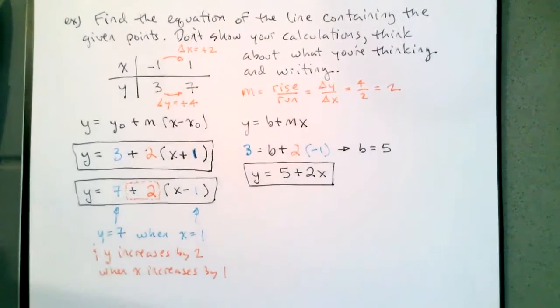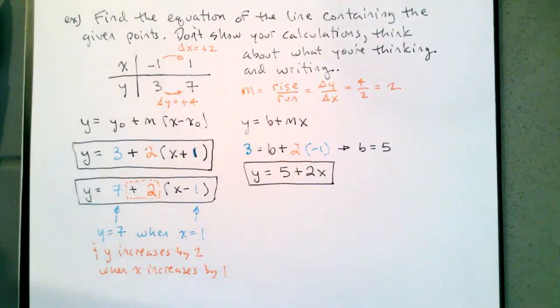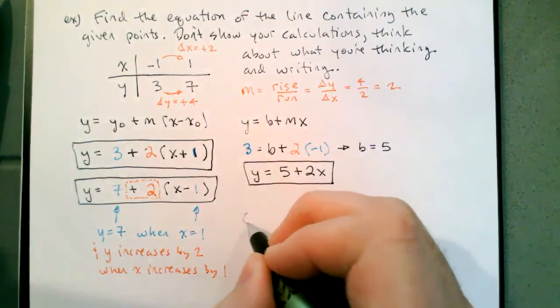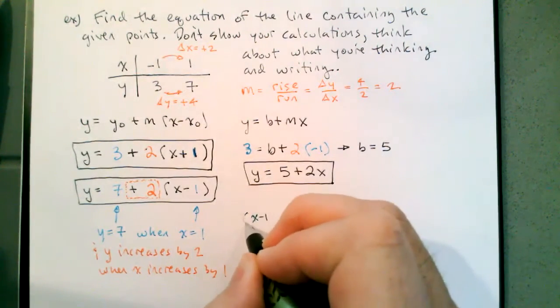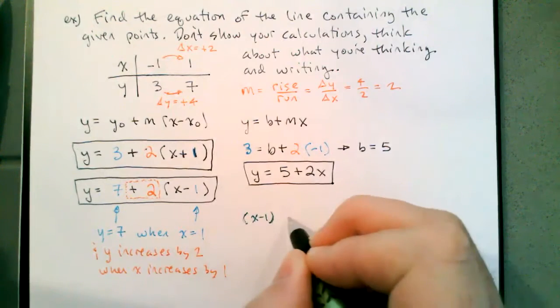So this linear function will have this pattern of repeated addition. We're adding 2 a bunch of times, and that's why we can summarize with multiplication, 2 times the quantity x minus 1. X minus 1 is the number of times we add 2. That's how we want to think about linear functions. X minus 1 is counting the number of times we add 2.